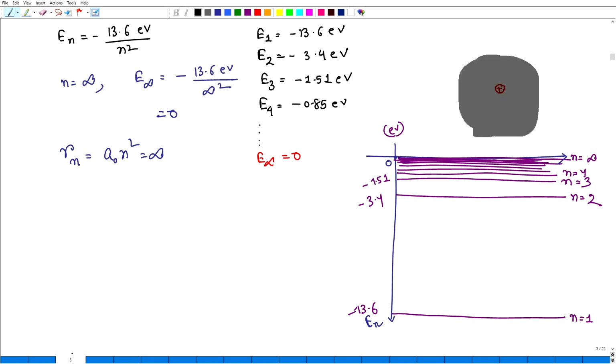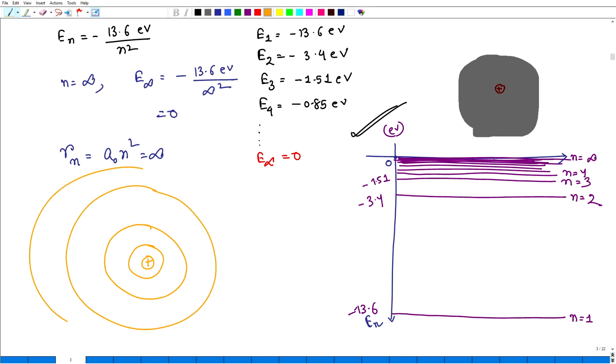This is the energy plot, the energy levels. But the actual picture is: here is the nucleus, around it is the first orbit, and the radius increases while the energy levels in terms of energy look like this.